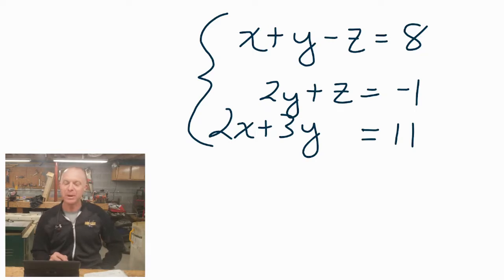Now, when I look at this problem, there are honestly a couple things that I see. It doesn't really matter what order you see them in, but you can't miss that the bottom equation already contains two variables. And notice that those two variables are x and y. So maybe I can combine the top two equations so that I can end up with just x and y.